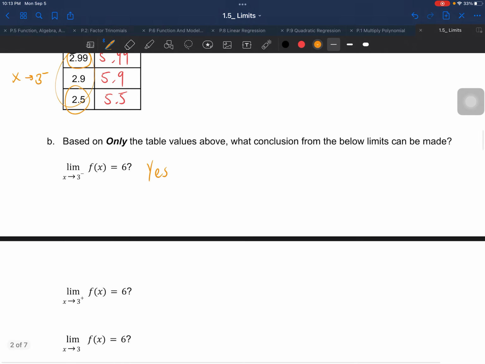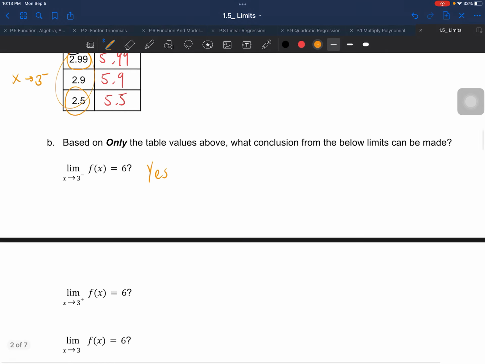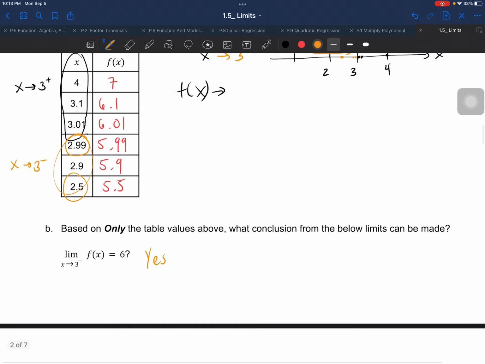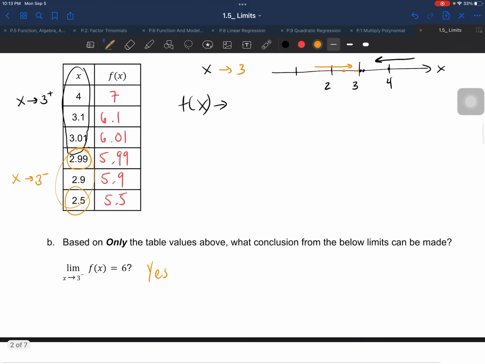For the second part, it says, well, what if you're coming from the right side? If x is approaching 3 from the right side, what is the value of f of x approaching? It seems like it is going from 7, 6.1, 6.01.